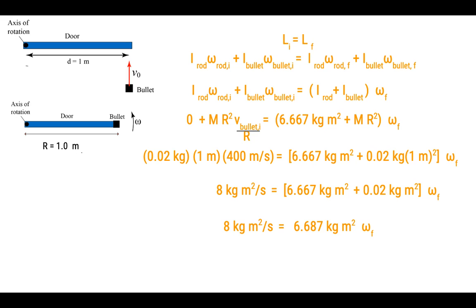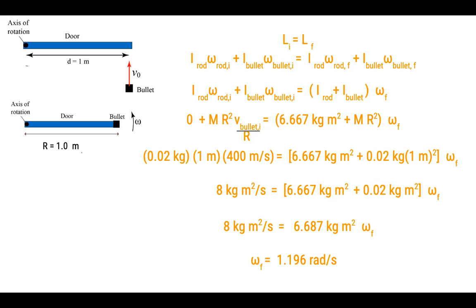We divide both sides by 6.687 to find omega. The kilograms cancel, meters squared cancel, and we're left with something over seconds. Omega must be measured in radians per second. So omega final is 1.196 radians per second, the final angular velocity of the bullet-door system.